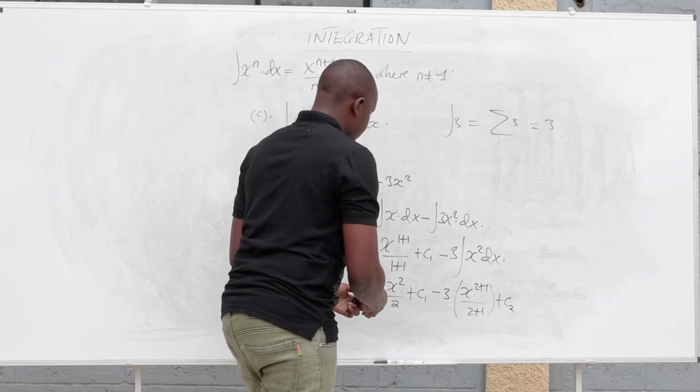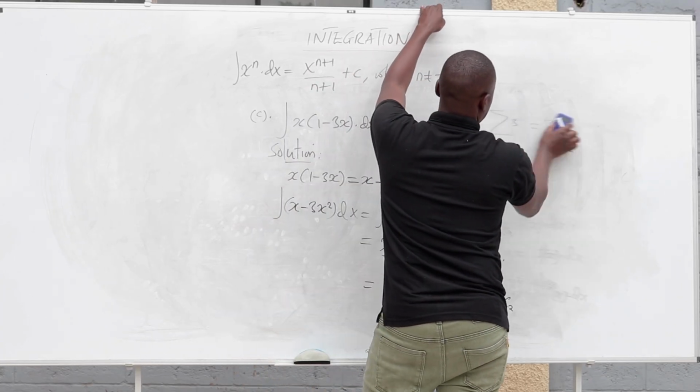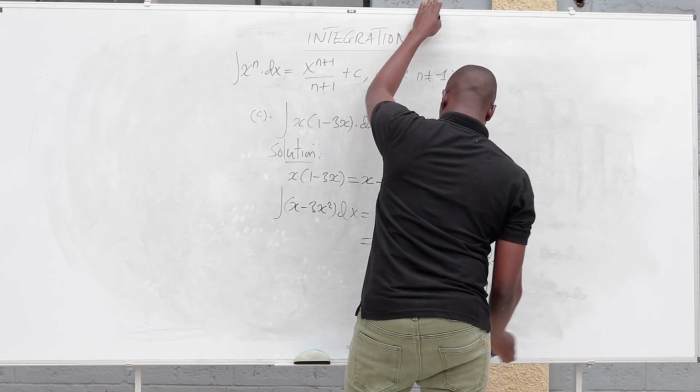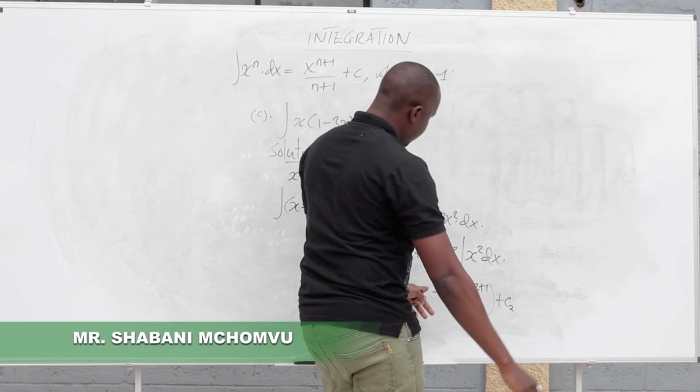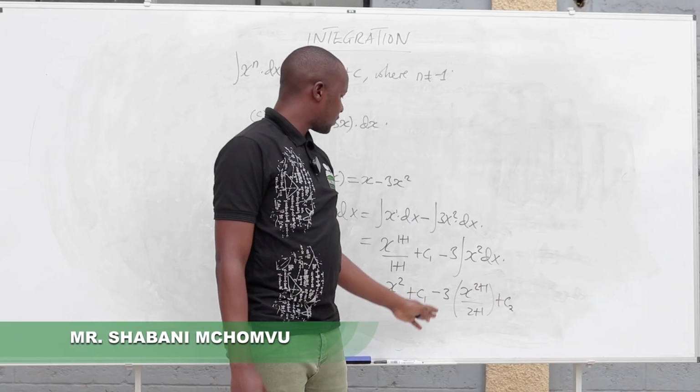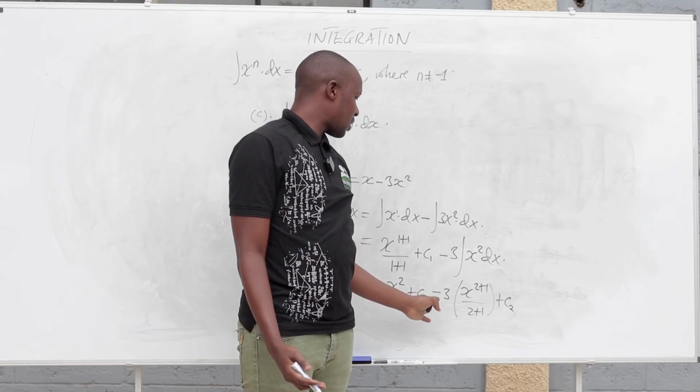This C1 and C2 are constants, and we don't know their values.